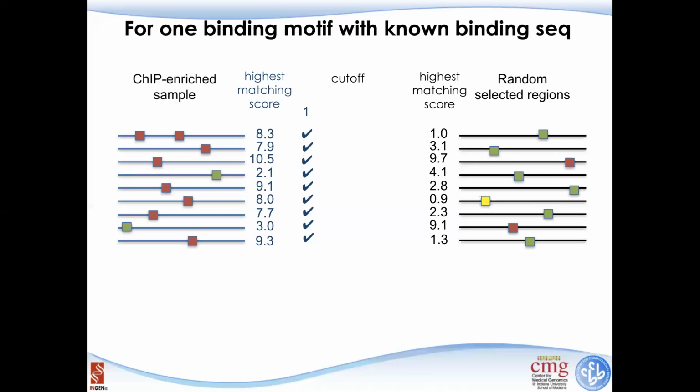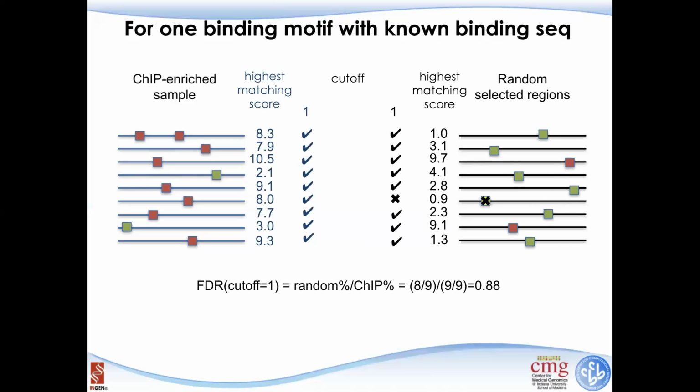We also use the same cutoff to see how good or bad they are. You can see that with the same cutoff 1, only one random sequence cannot match. Most of them match.